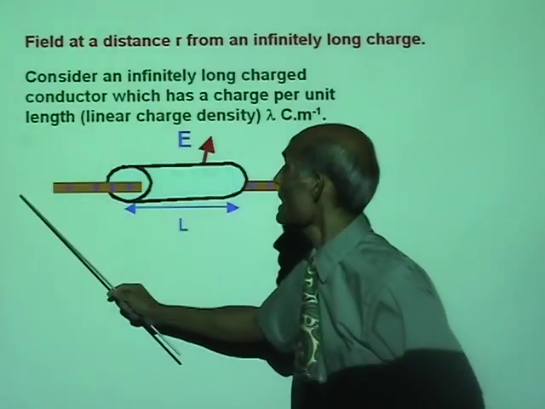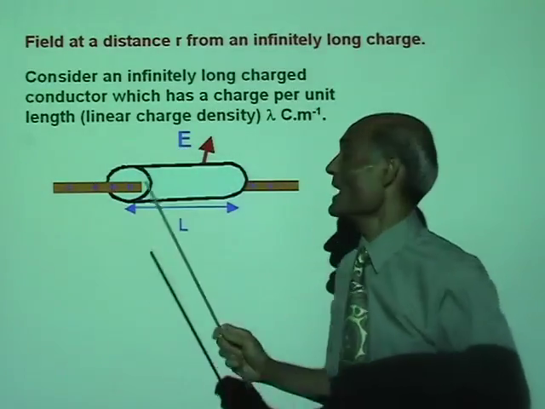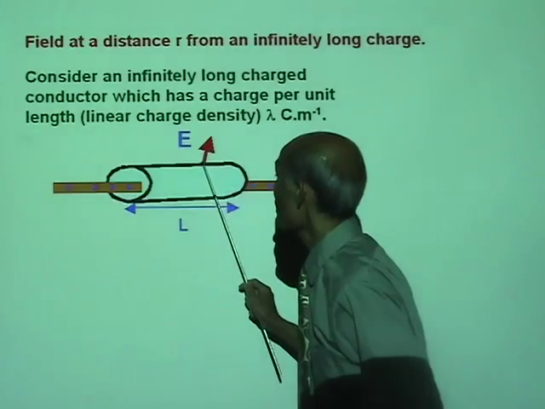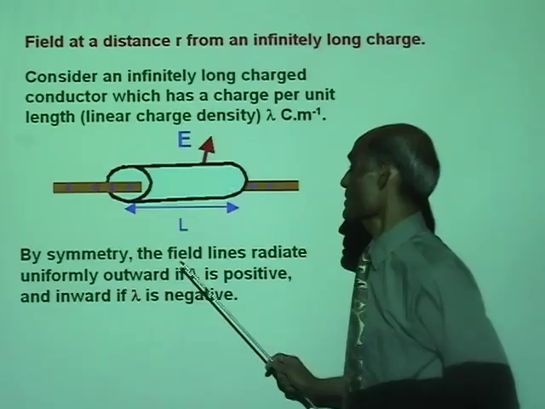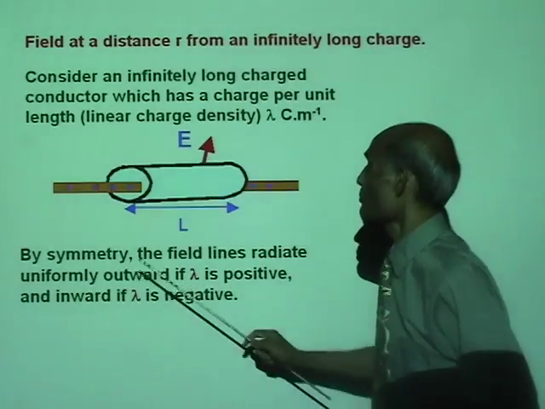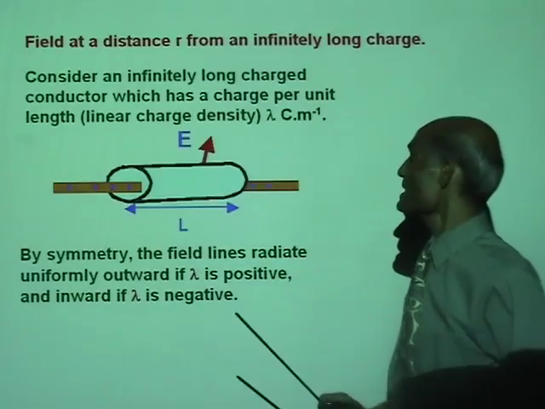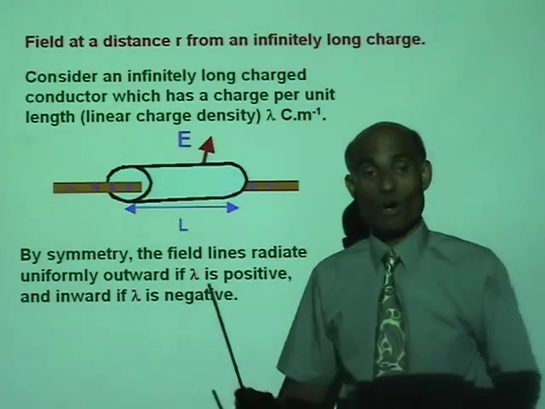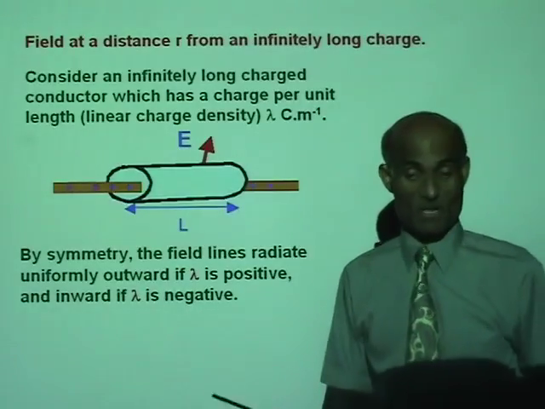Now, here is the infinitely long linear charge, and I want to find the electric field at a point there. By symmetry, the field lines radiate uniformly outward if lambda is positive, or uniformly inward if lambda is negative. Is that right?